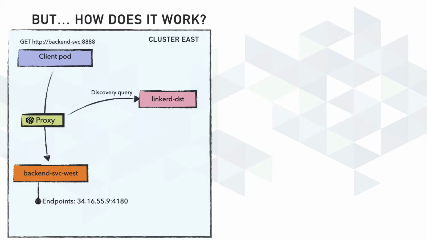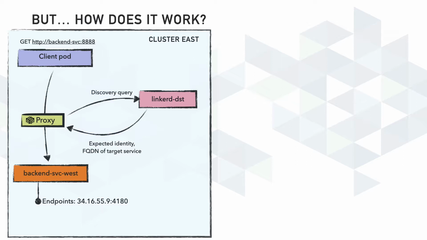And the destination service knows that this request is going to a service that's actually a proxy for a service located on another cluster. So it's going to return the expected identity of the gateway on the other side so it can enable mTLS. And it's also going to return the fully qualified domain name of the target service on the other cluster.